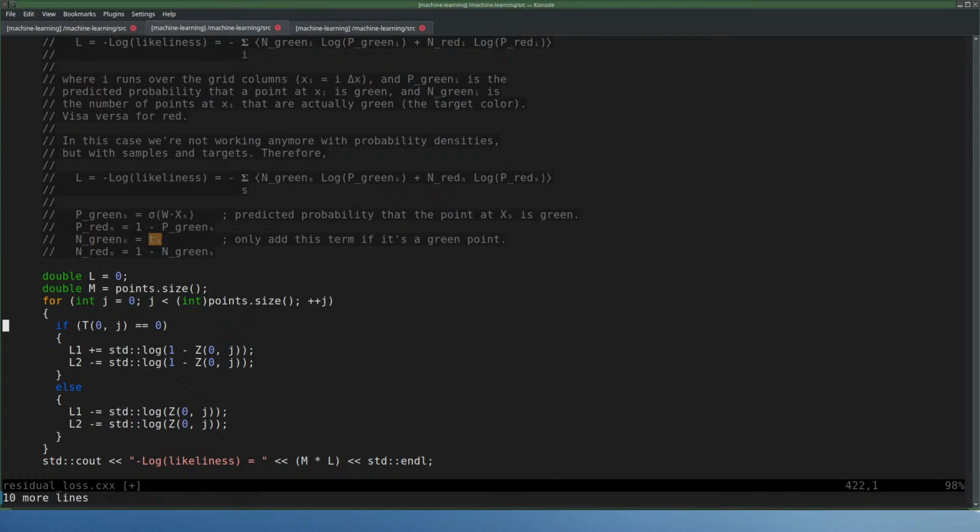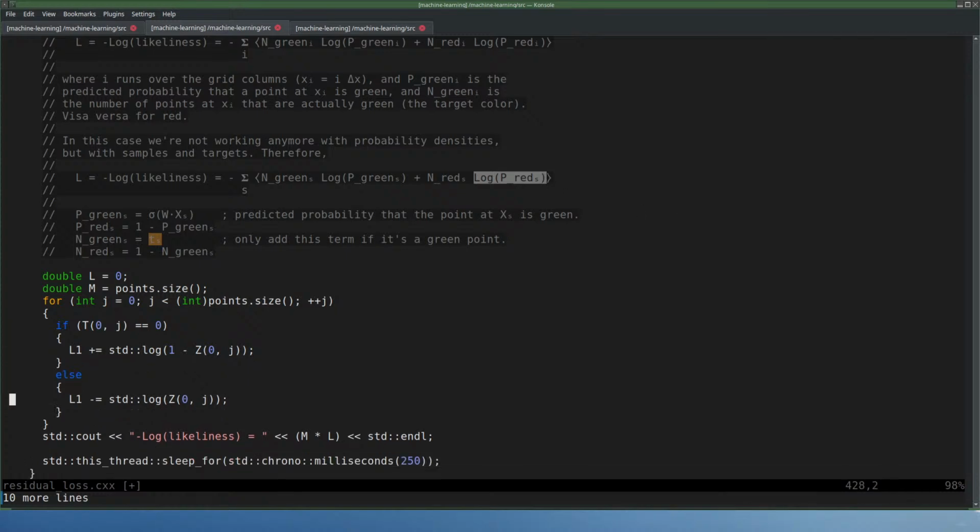Okay, if the target is 0, then it's a p red. What p red? I'm talking about t is 0. The green is 0, and the red n red is 1. So we have the log. So I add the log of p red s, which is 1 minus the sigmoid.